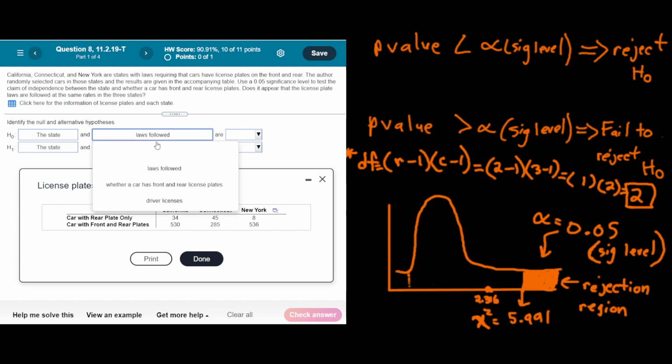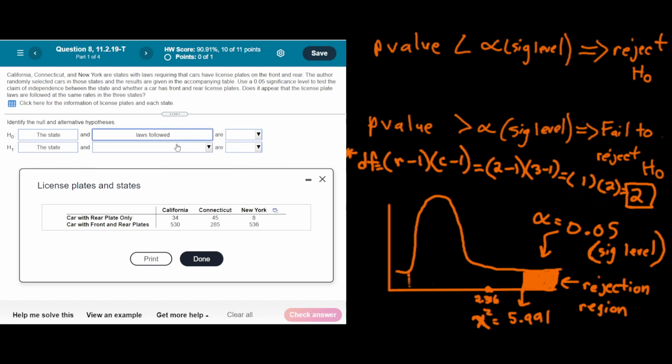It's okay. Over here would be whether a car has front or rear license plate. They are talking about laws though. So laws, whether a car has front and rear. I don't like the word "and." Remember that and/or type problem, sometimes it's either/or. Either rear or front. Whatever.